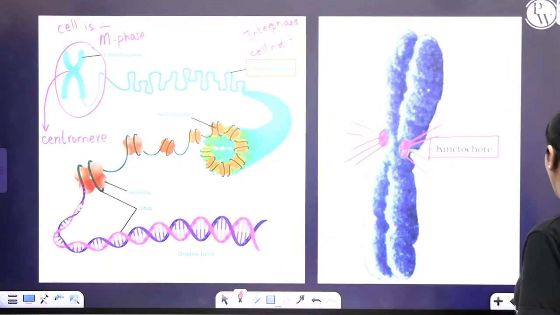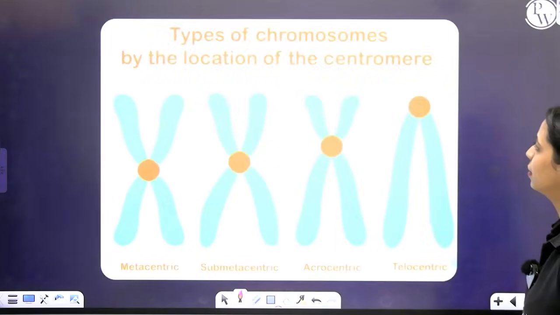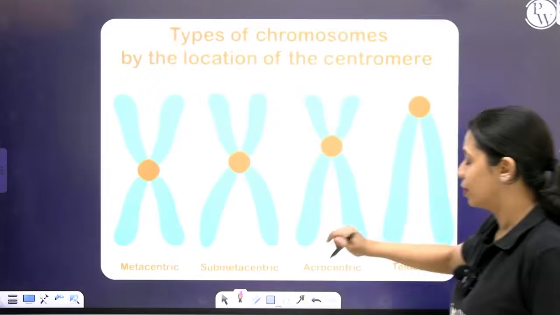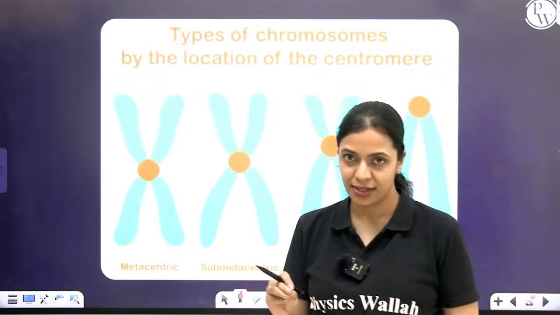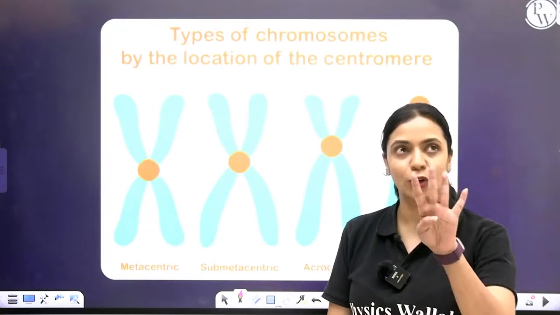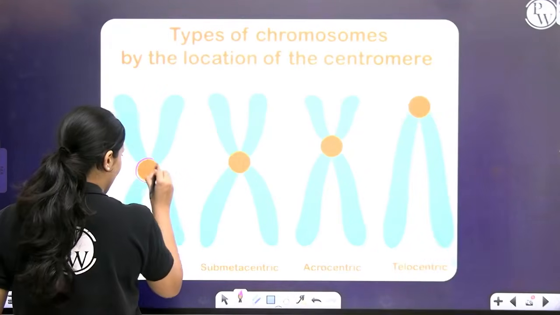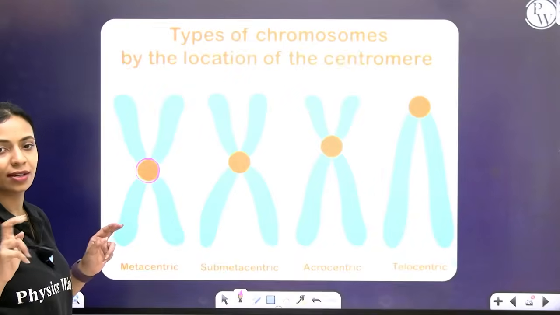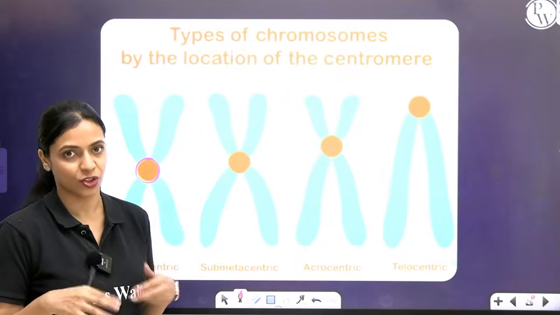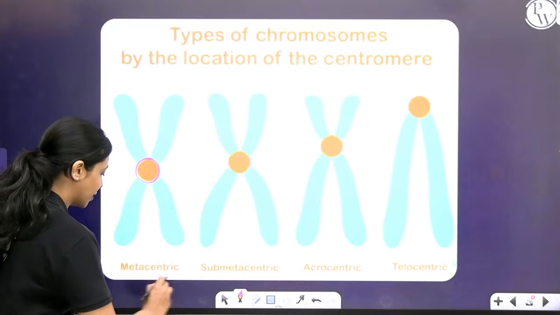Now, depending upon where the centromere is, the position of the centromere in the chromosome, you have 4 different types of chromosomes. If the centromere is in the center, as in this case, centromere doesn't always have to be at the center just because it's called centromere. If it is in the center, you call it a metacentric chromosome.